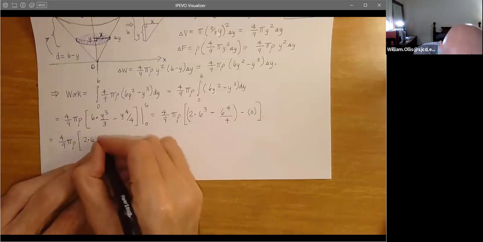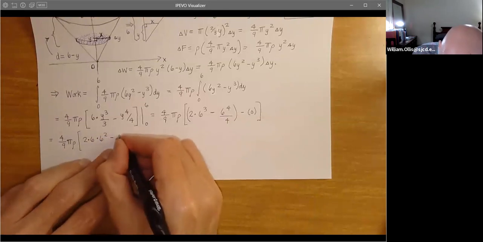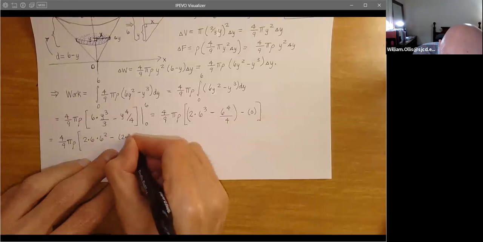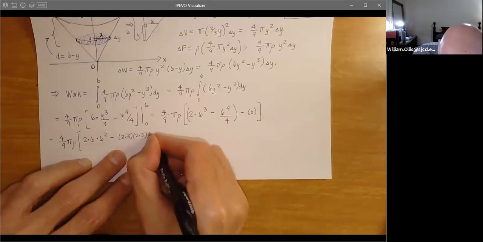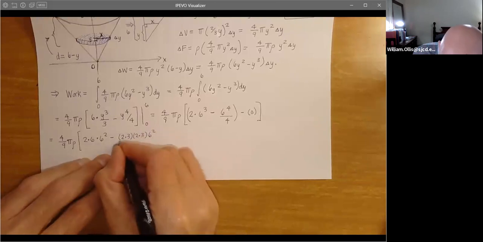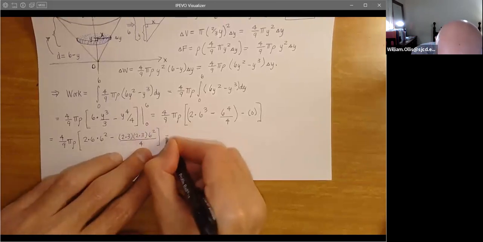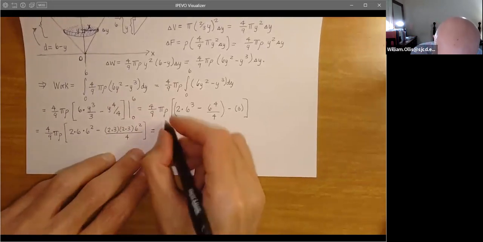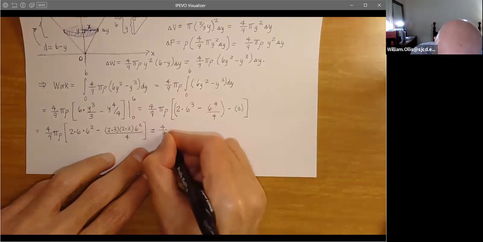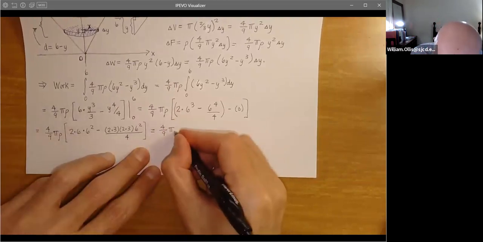Yeah, that looks good. And then we have, let's just say 2 times 3, 2 times 3, and then a 6 squared. So we can just use the basic number theory to get rid of the fractions. So we're not going to have 13 downstairs. So we have 4/9 pi rho.